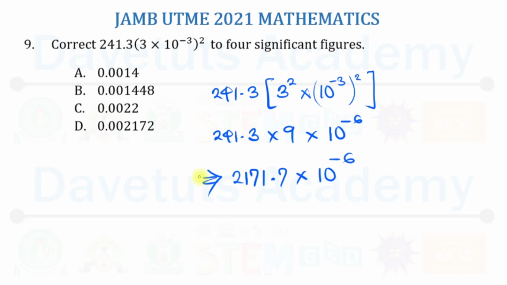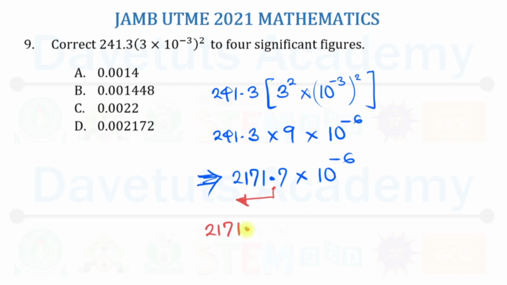So now, I was deliberate not to put in anything times 10 raised to power minus 6 on the calculator, because I want to be able to evaluate this myself. 10 raised to power minus 6 will mean that I will need to move the decimal place back by 6 positions, okay? So if I'm moving this decimal place back by 6 positions, then I have 2171.